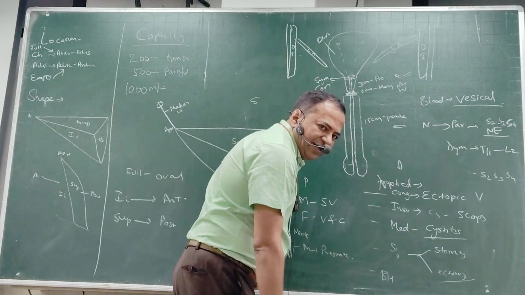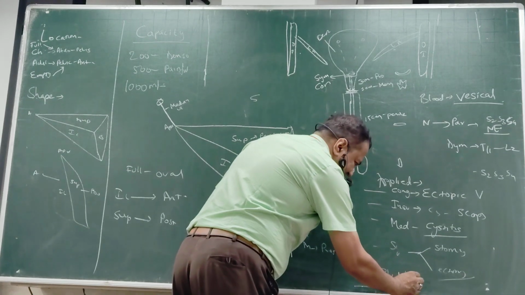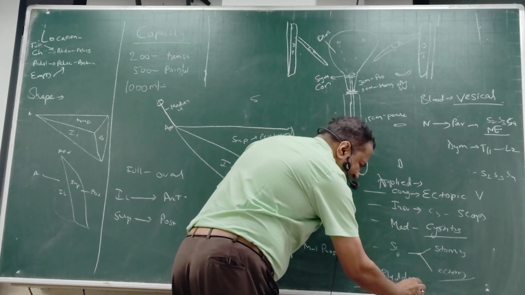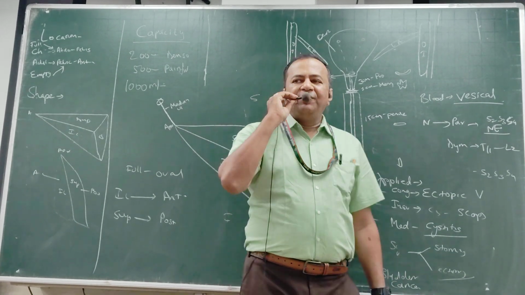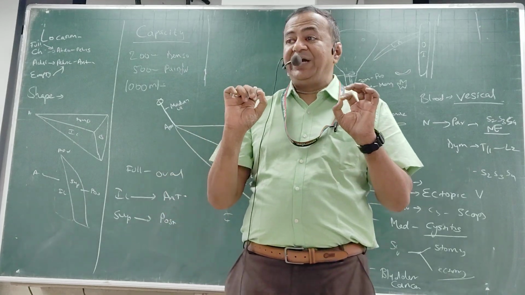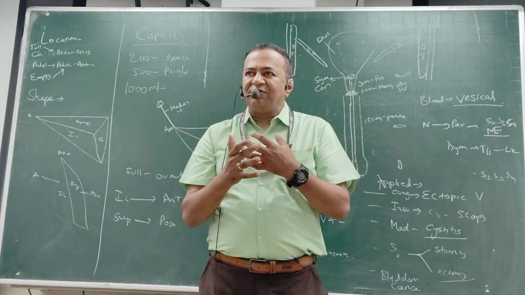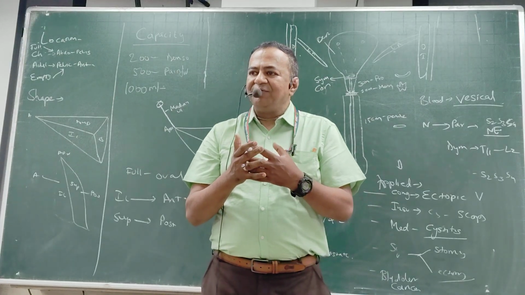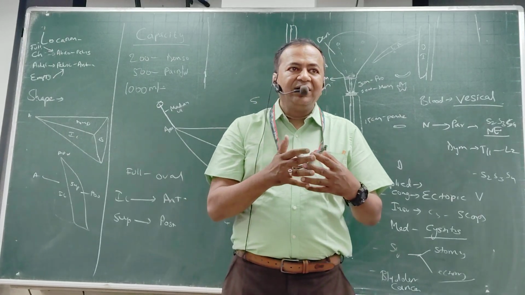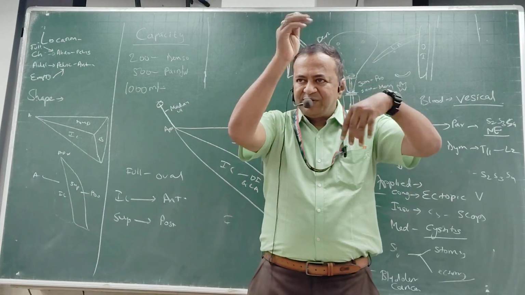And the last part is bladder cancer. Awareness has to be spread about bladder cancer. It was first observed in patients working in paint factories, in the production of paints.